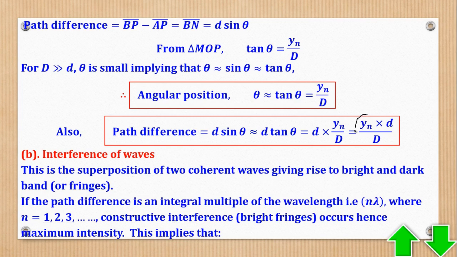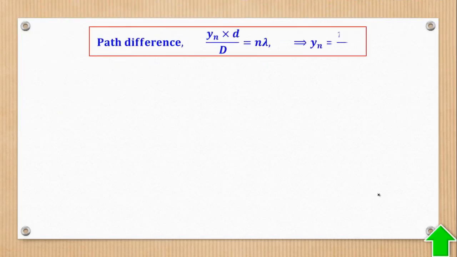So now we are going to equate this to this to come up with a condition for a bright fringe to be formed. And when you equate the two, we shall come up with this. So this is the condition for a bright fringe to be formed, because sometimes they can ask for this value of yn.